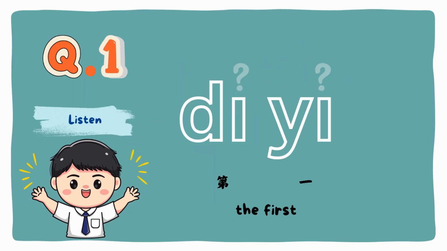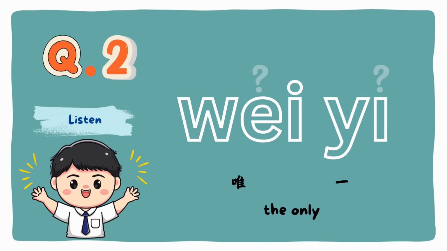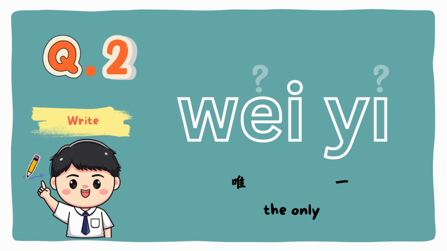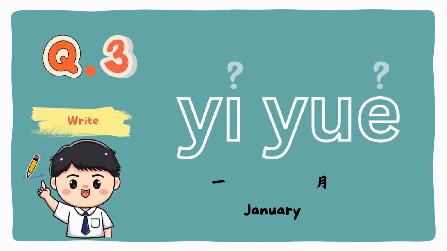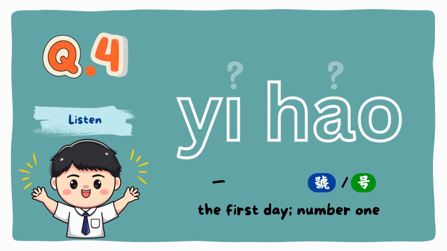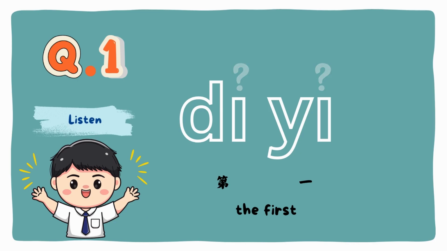第一，第一，唯一，唯一，一月，一月，一号，一号。Alright, the first one happens to mean the first in Mandarin too. 第一。What are the tones?